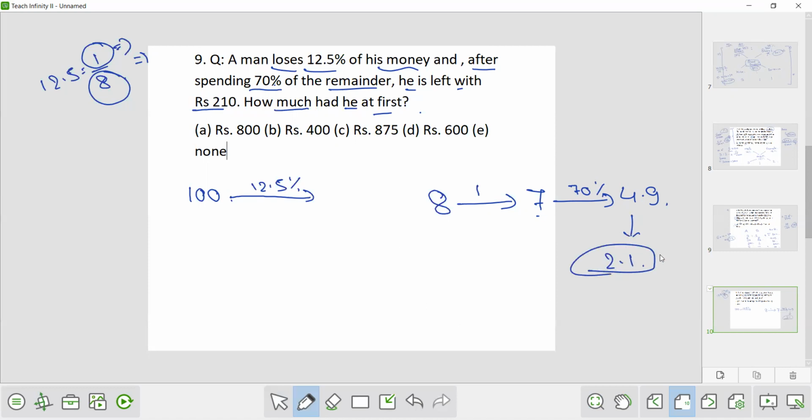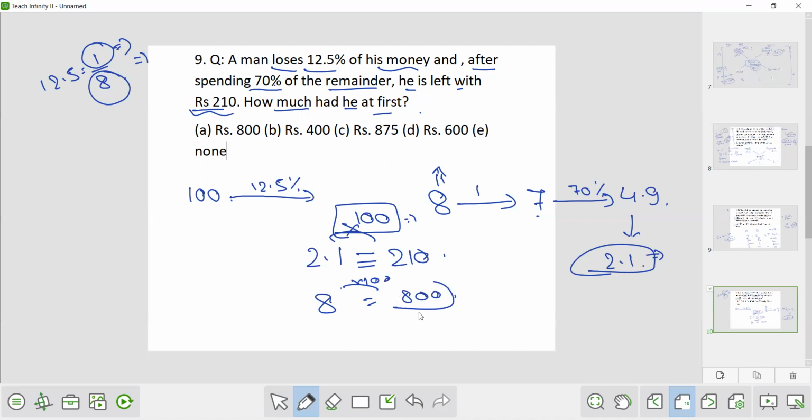On the percentage scale, you see that 2.1 is remaining and the real value is given as 210. So 2.1 is equivalent to 210. This is exactly 100 times. So how much did he have at first? Initially he had 8. So 8 is equivalent to how much? Again into 100, it will become 800. So 800, A is the correct answer.